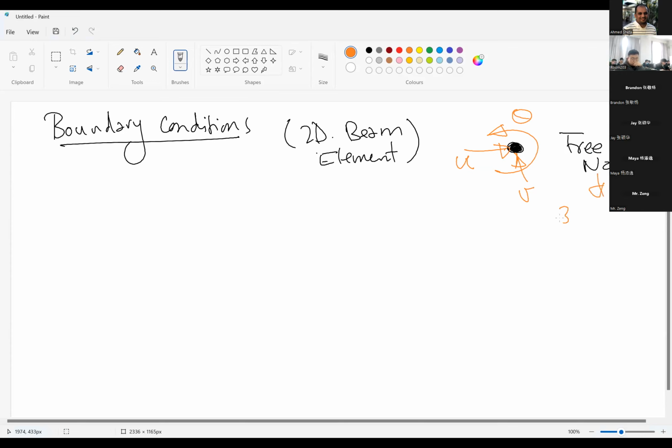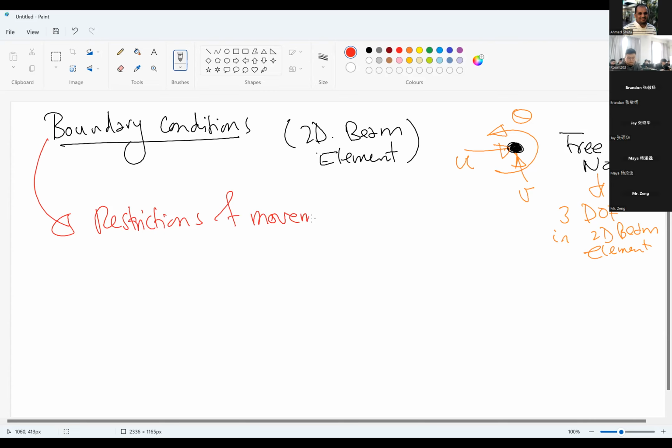So each free node has 3 degrees of freedom in the 2D beam element. This is the general thing. Boundary conditions mean restriction of movement. What types of boundary conditions do we have? First is the roller support.